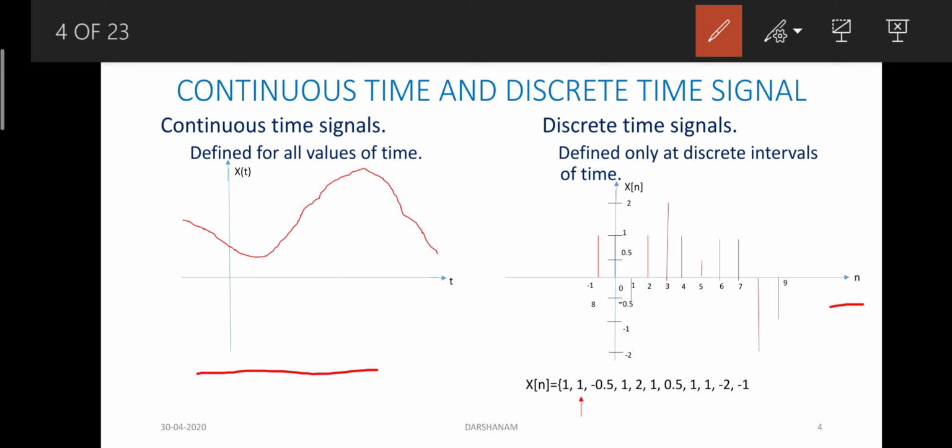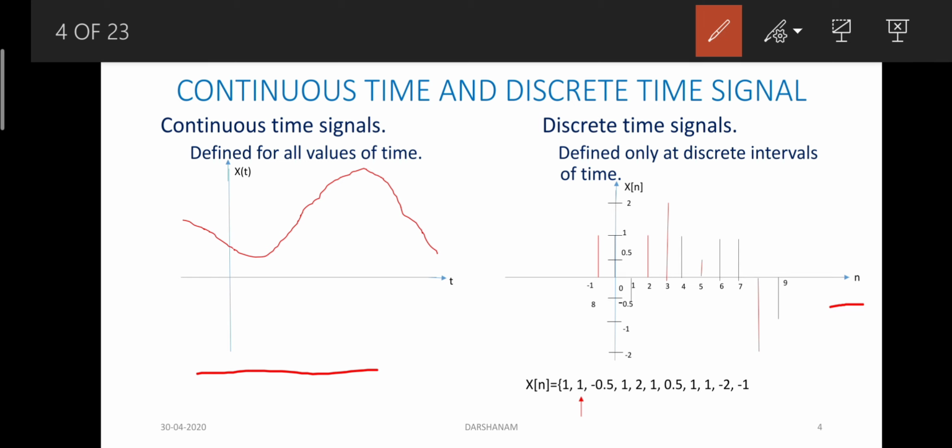In between -1 and 0, no signal is defined, and between 0 and 1, no signal is defined, and so on. So, continuous time signal is defined for all values of time, whereas discrete time signal is defined only at discrete intervals of time. In the case of discrete time signal, we can call the signal as sequence. In case of continuous time signal, we can call it as signal.